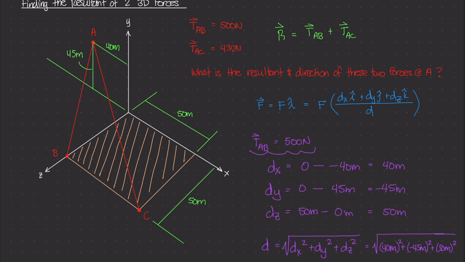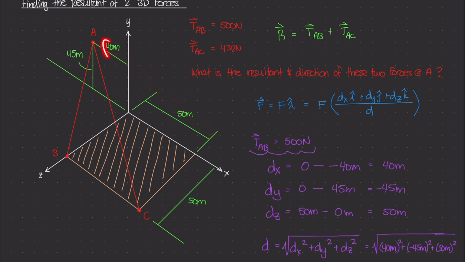So what is dx? Well, it's the distance in the x direction for this force. And we know that if that force vector is starting at A and it's going this way, the dx distance is going to be this distance right here all the way up to point C. So what is that distance?